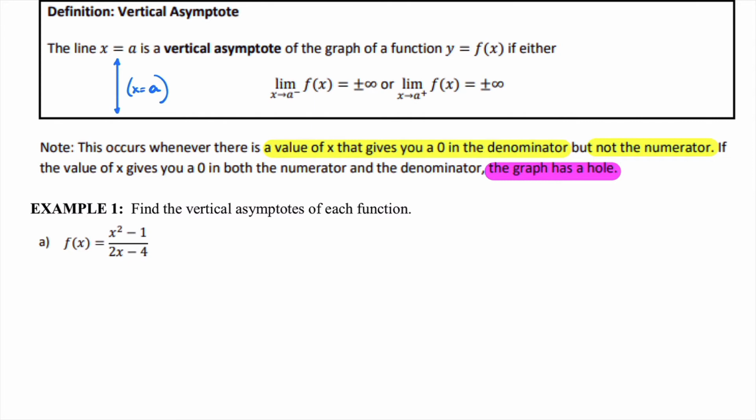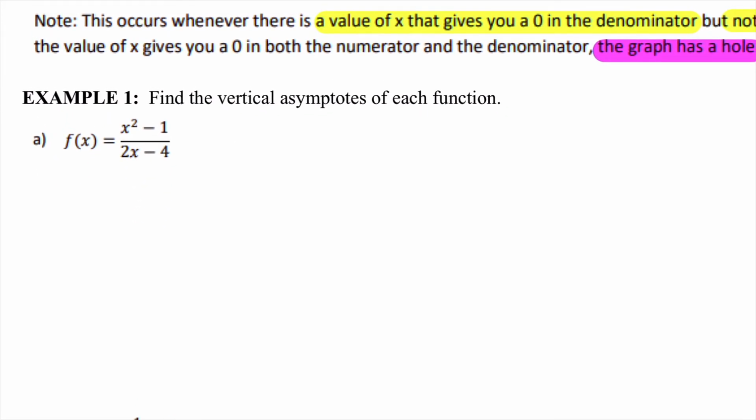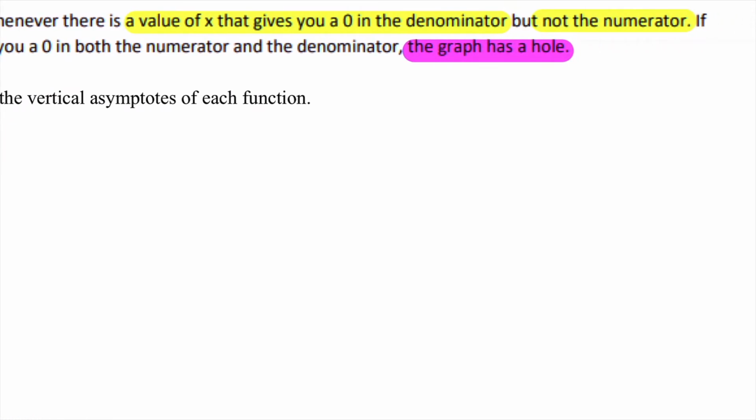First thing, find the vertical asymptote. How do I find the vertical asymptote for A? I literally just said that. I said I was going to ask you that question, and I'm going to highlight the answer. The value of x that gives you 0 in the denominator. Just like Shristi said, we have to figure out where the bottom is equal to 0.